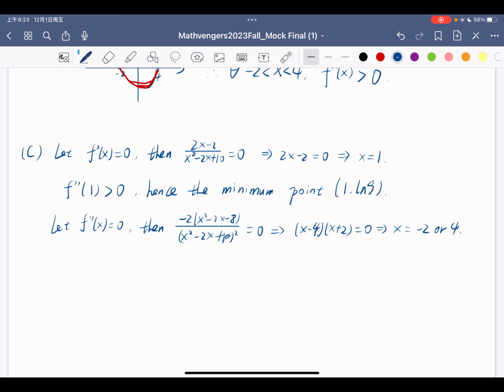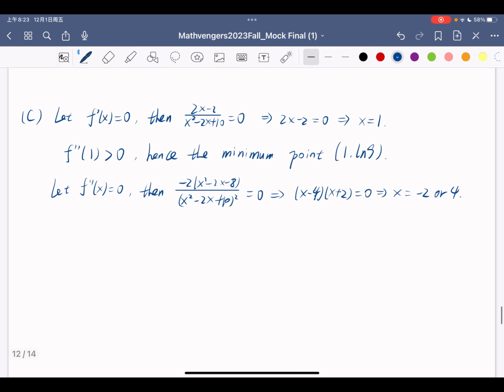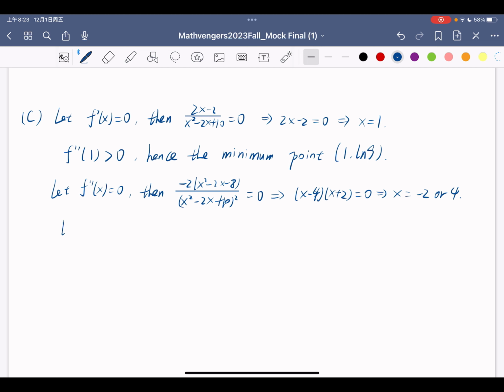Okay, so now you need to consider the limit. You need to consider these 2 points.